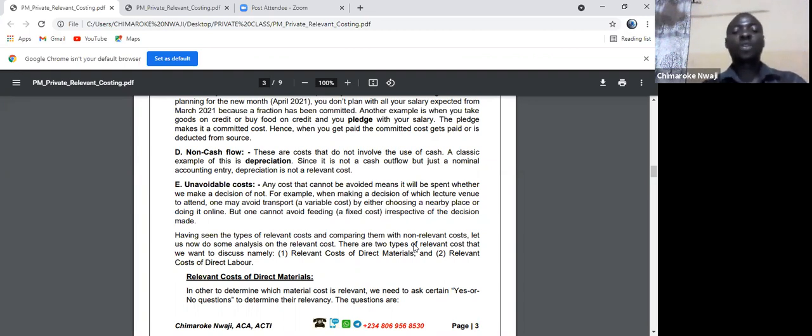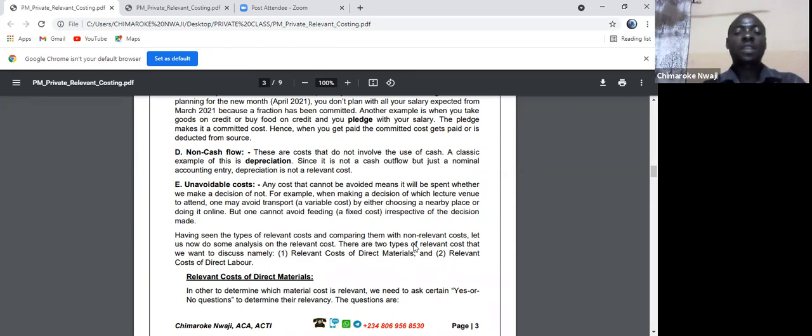This is an avoidable cost. But you cannot avoid feeding. Irrespective of which center you attend, the one near you, the one by the side of your house, even the one further away from you, or even online, you still need to feed.